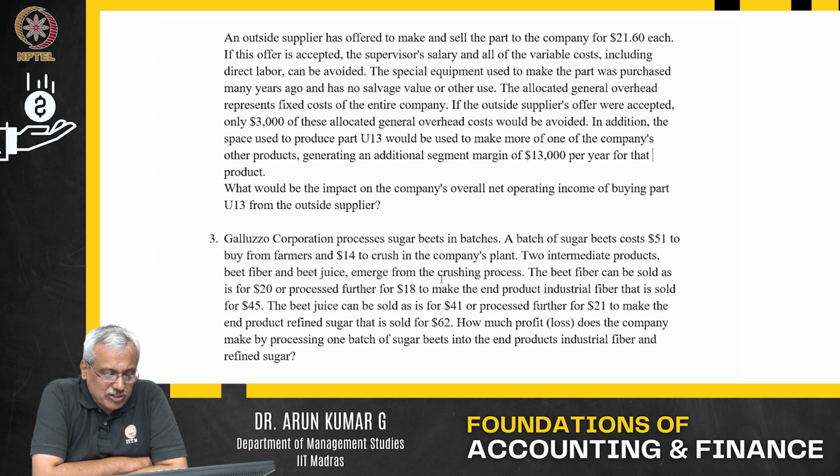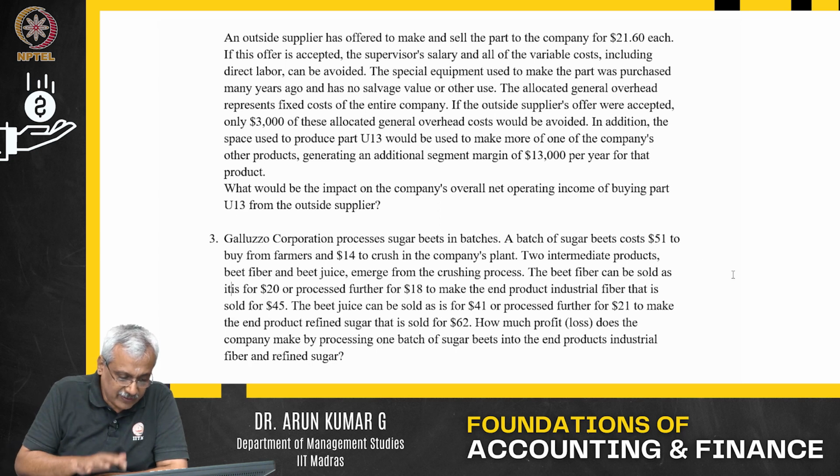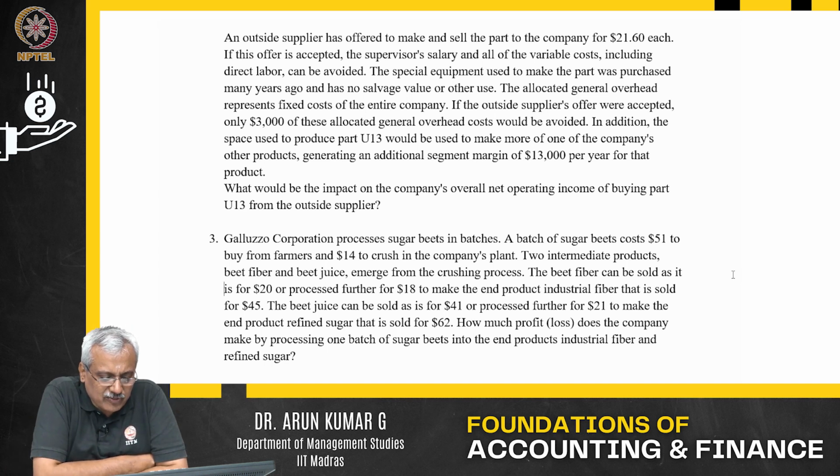The beet fiber can be sold as is for $20, or processed further for $18 to make the end product industrial fiber that can be sold at $45.